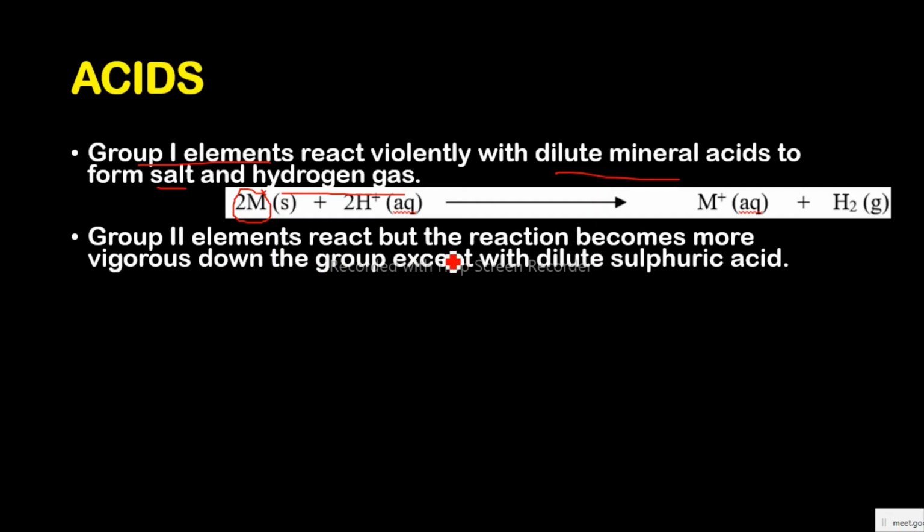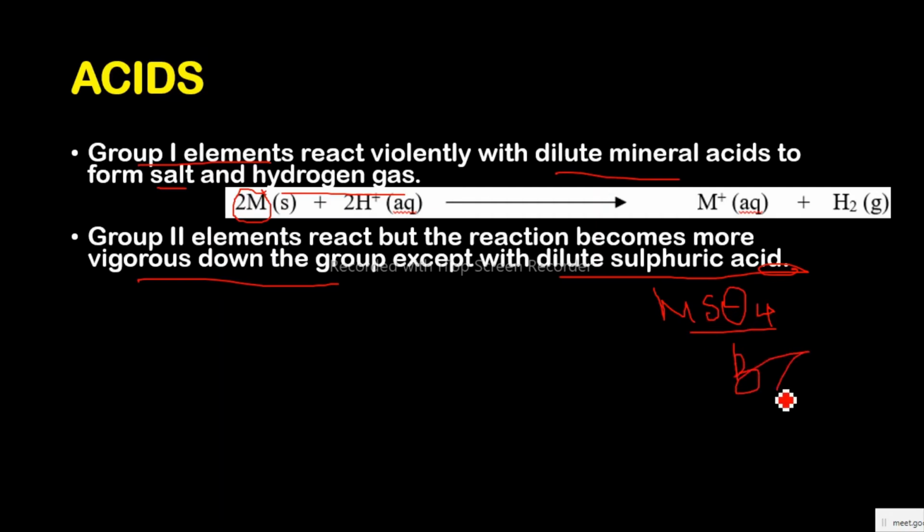So group 2 elements react, but the reaction becomes more vigorous as you go down the group, except with dilute sulfuric acid. Now you should be thinking about why sulfuric acid. The chemistry is simple. As you go down the group, the solubility of the metal sulfate that is formed decreases.